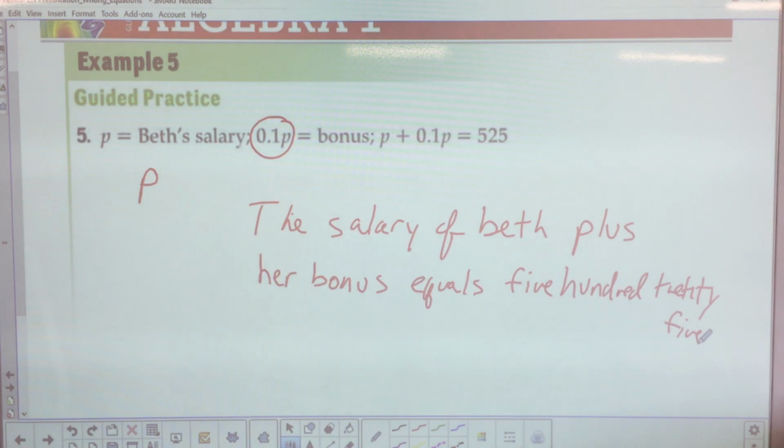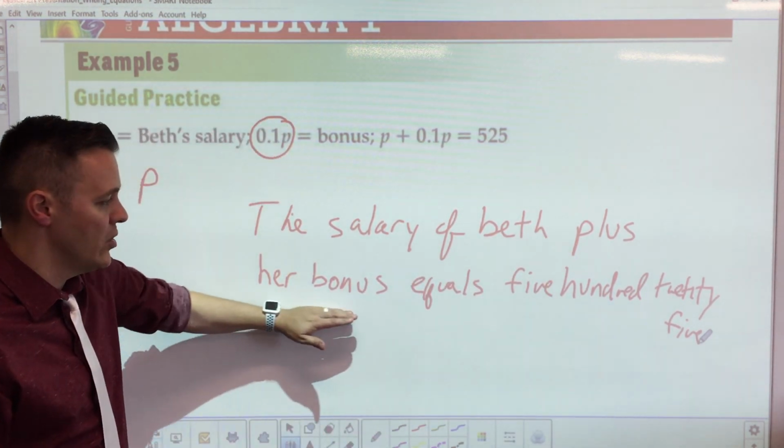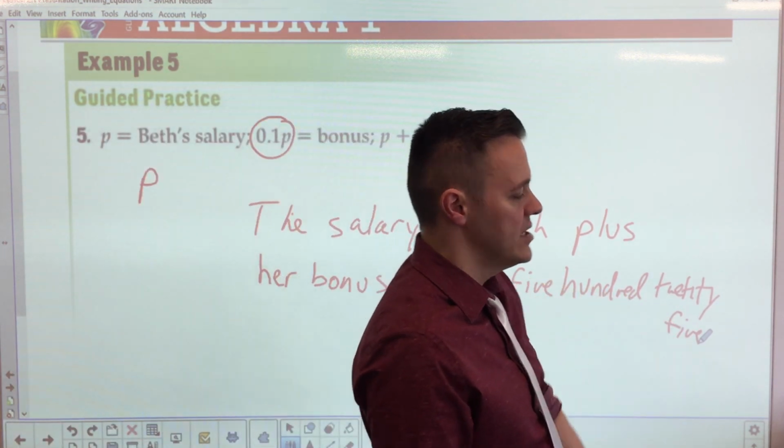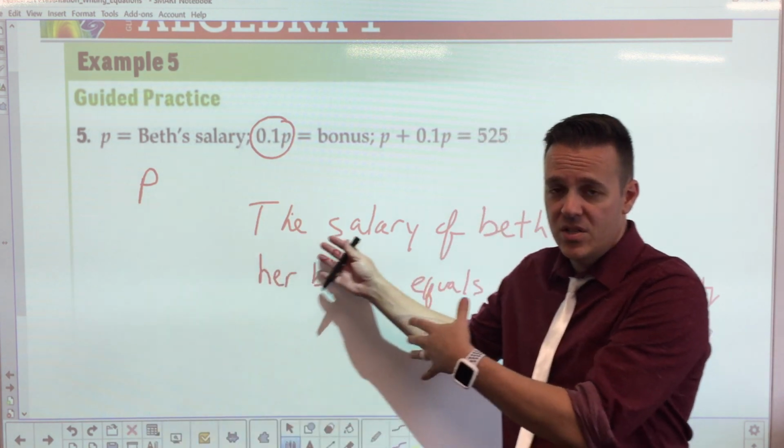So, ladies and gentlemen, looking at this, I would say to myself, the salary of Beth plus her bonus equals 525. So that is taking an equation and putting it into the written word.